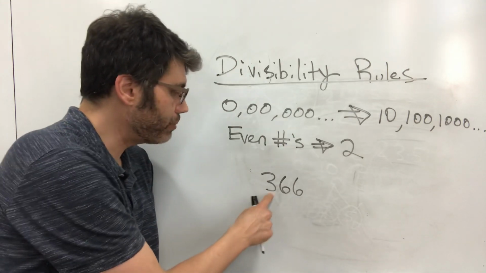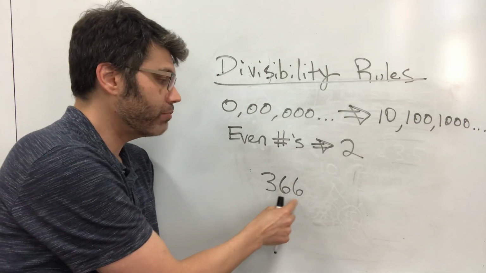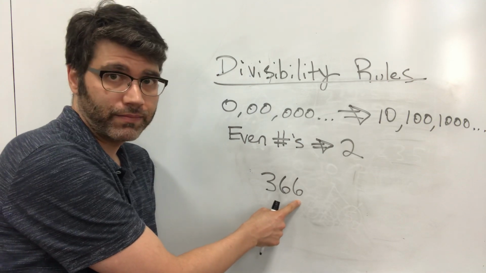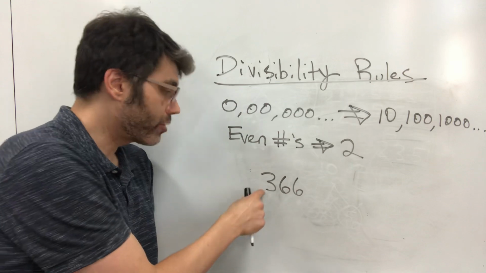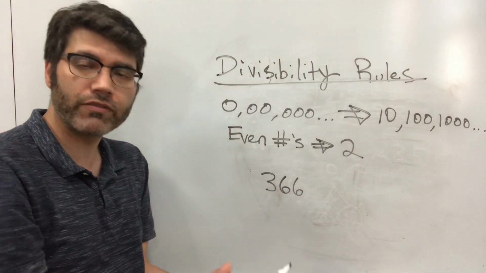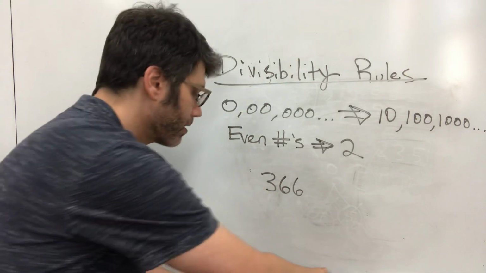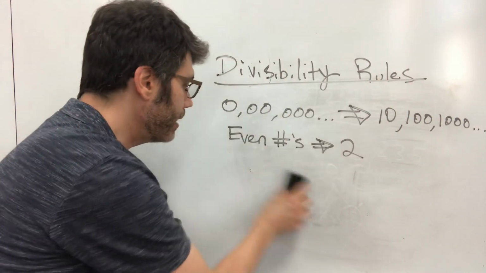So for instance, 3 plus 6 is 9, 9 plus 6 is 15. 15 is divisible by 3, thus 366 is also divisible by 3, okay? And it works with any number.